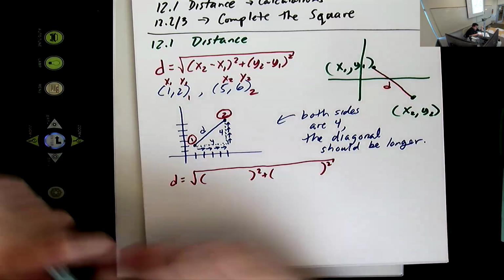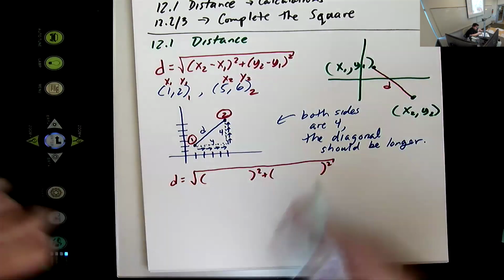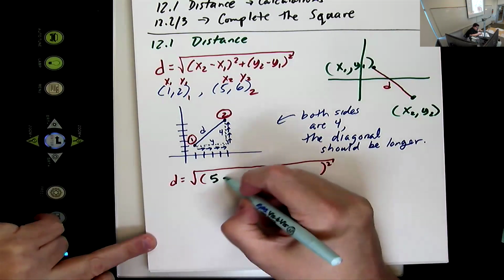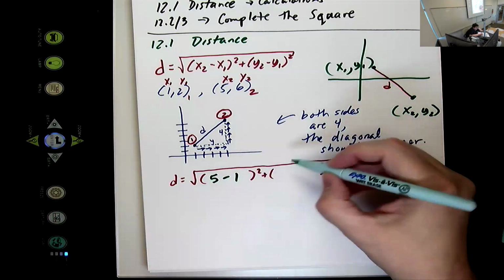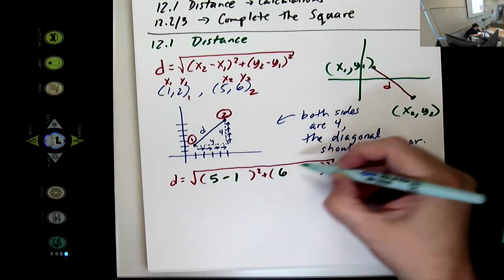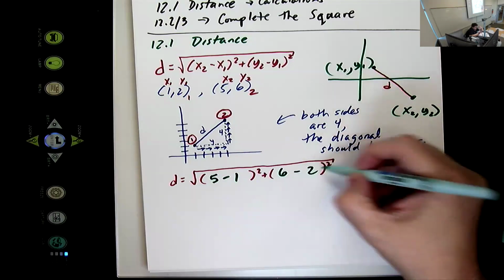I'm just plugging in what we got. x2 is 5, x1 is 1, y2 is 6, and y1 is 2.